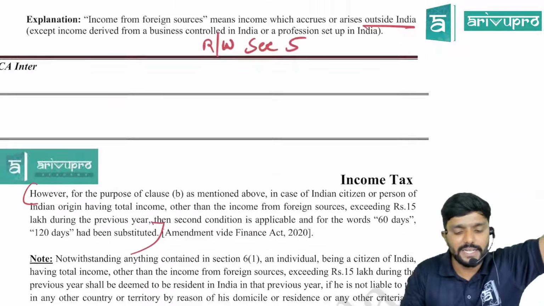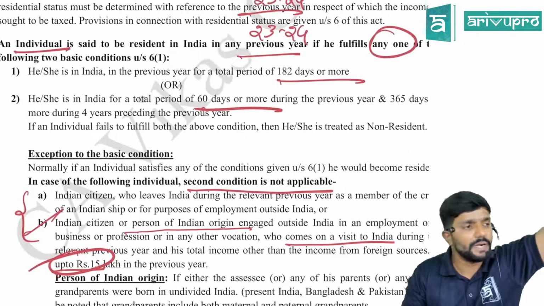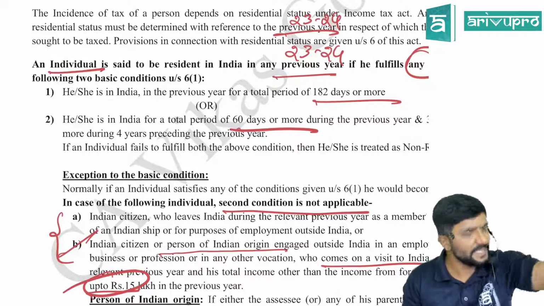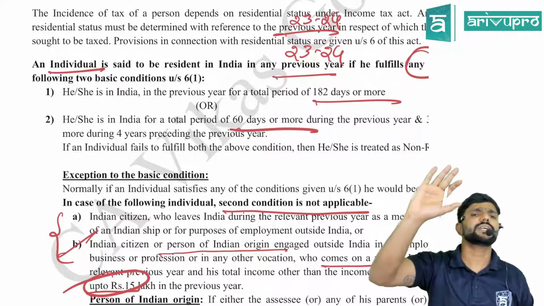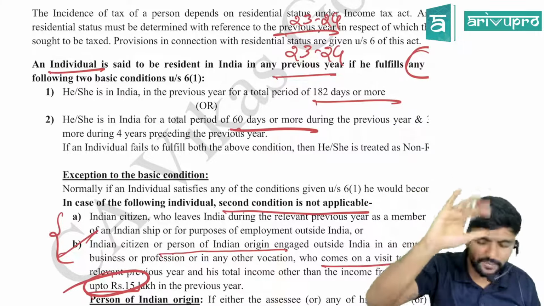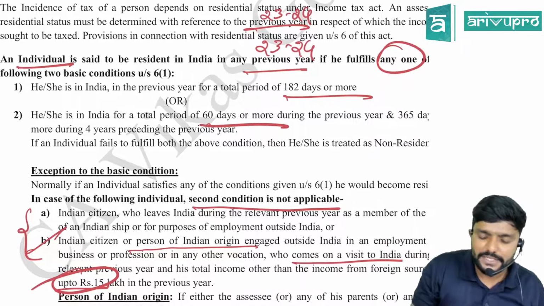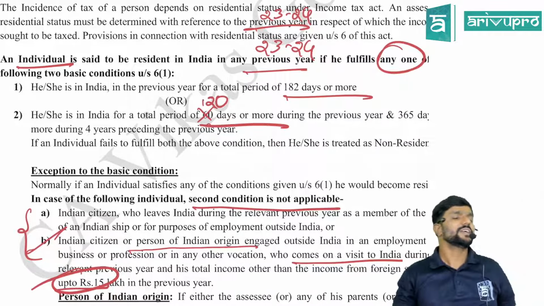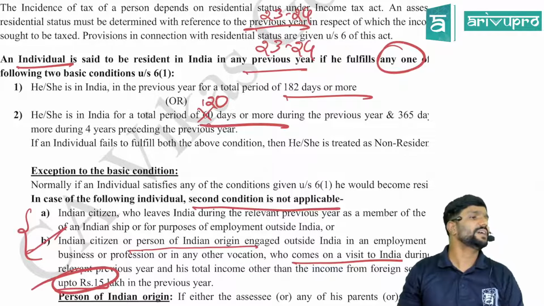What they are trying to tell here is, for this person the second condition is applicable, but instead of 60 days, it is 120 days.